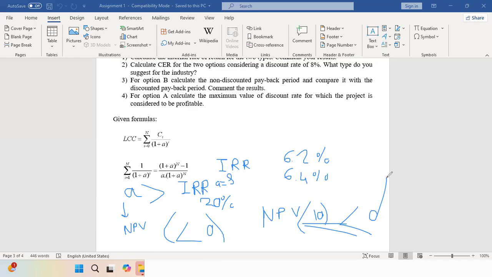Another way to do interpretation of this, you compare your discount rate to the internal rate of return. The internal rate of return represents the maximum discount rate that will allow me to just get NPV 0. If you have a discount rate larger than IRR, of course, your NPV is negative. Okay, and you already did calculation and you verified this in first question.